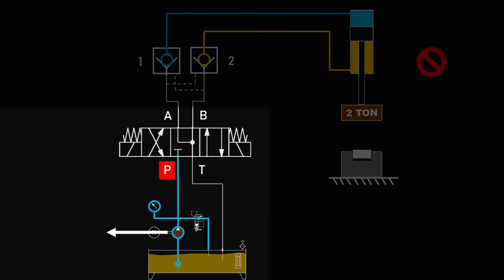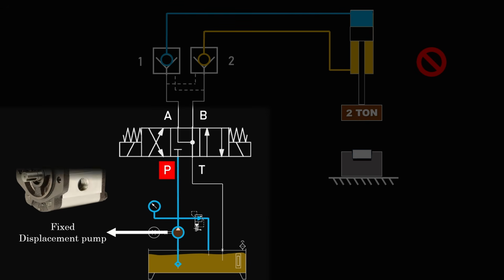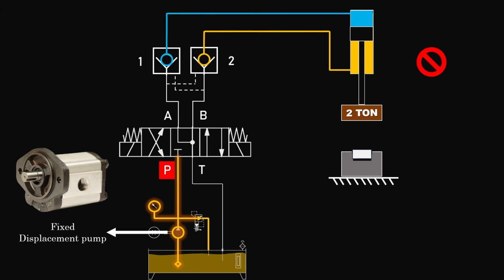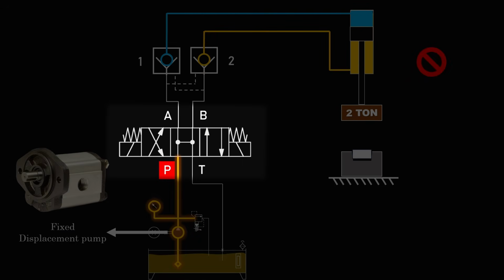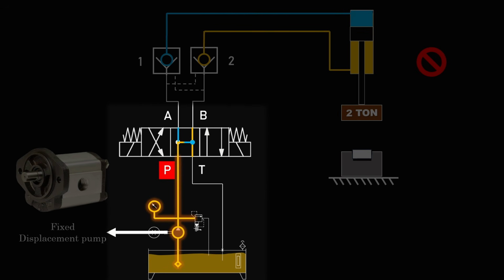But if we have a fixed displacement pump like a gear pump, then blocking the pressure port will load the pump. So in that case, we may prefer an open center valve where all the ports are connected and pump flow goes directly to the tank. But here also we need to be careful.